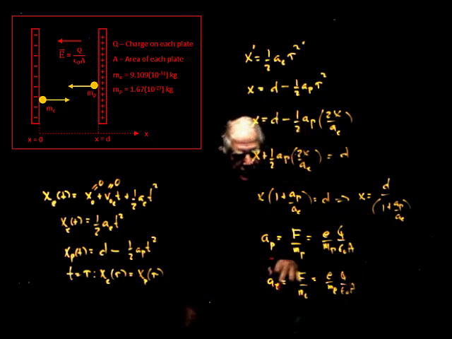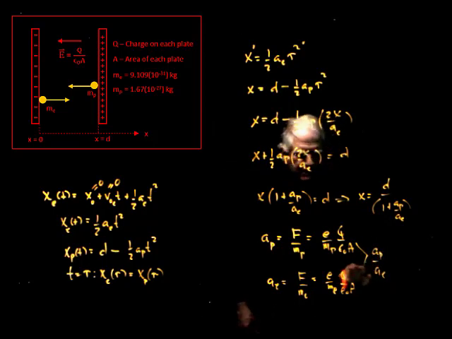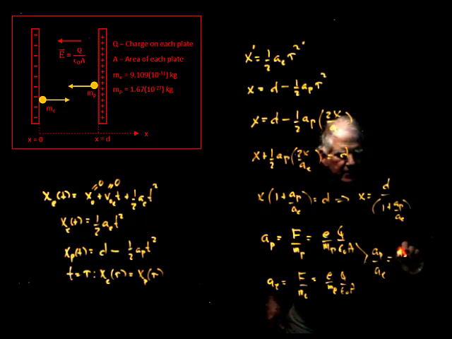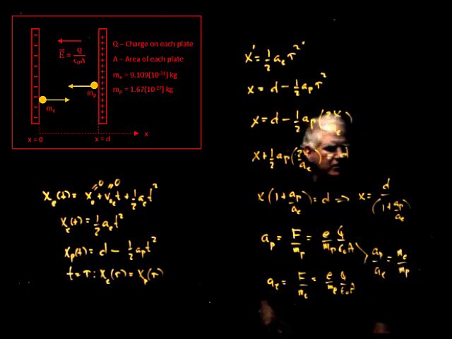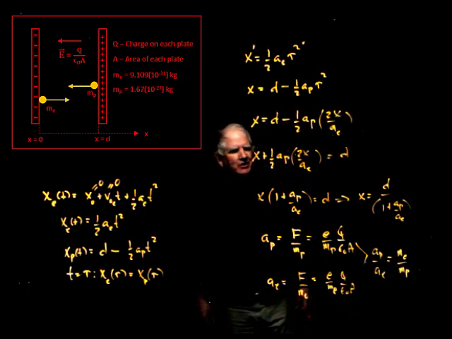And if I form this ratio a sub p all over a sub e, you see everything cancels except for the masses. And there's the very small electron mass divided by the relatively much larger proton mass.